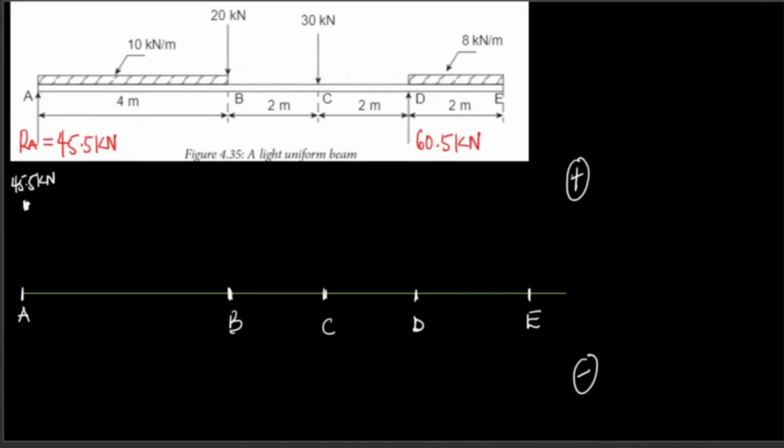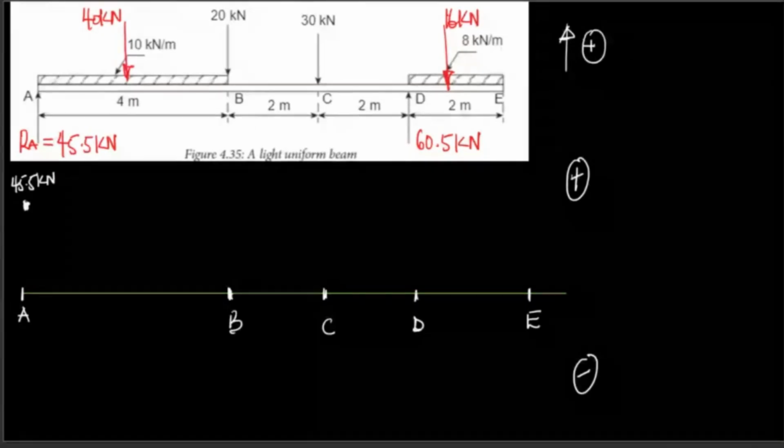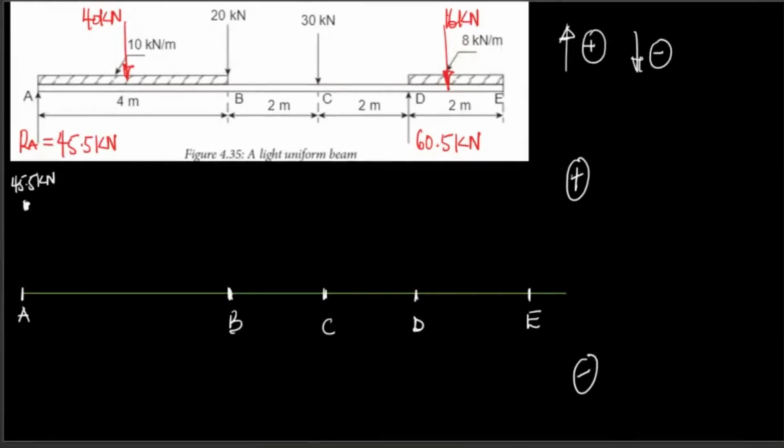Now, this is B. Between A and B, we have a point load of 40 kilonewtons. Let me indicate that here as well. This is 16 kilonewtons. Now, between A and B, I have 40. Now, still using the sign convention, knowing the fact that if it is up, it's positive. If it is down, is what? Negative.